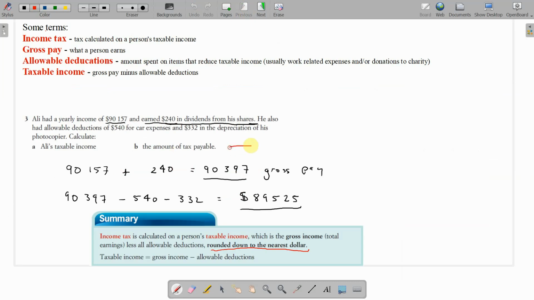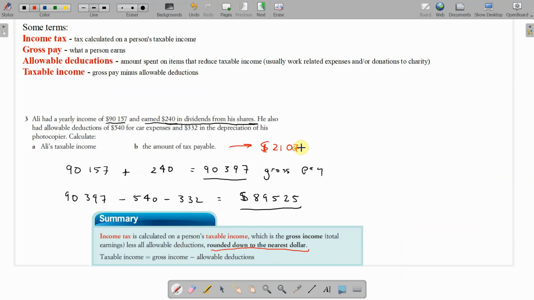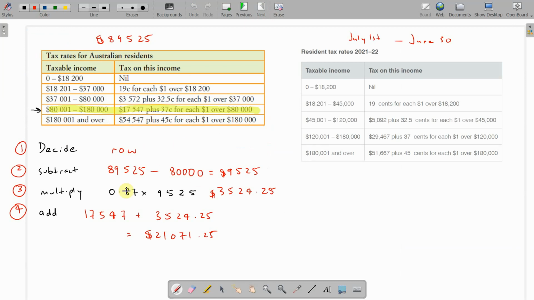Tax payable, 21,071.25. That's the tax payable according to the old tax rate, the one in the textbook.